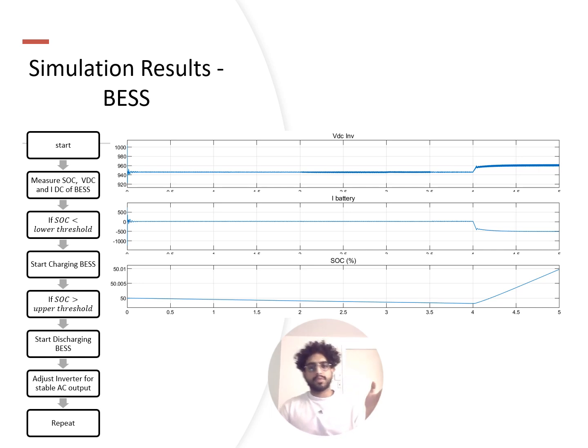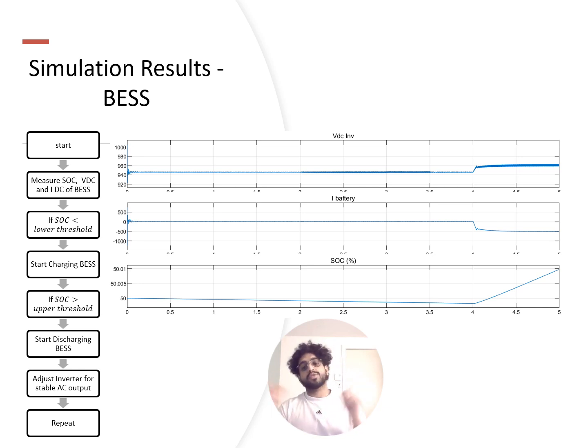So if you look towards the left, you can see the basic battery and BESS control system. You measure the SOC, the state of charge, the voltage, and the current of the BESS. You check if the state of charge is below the lower threshold.